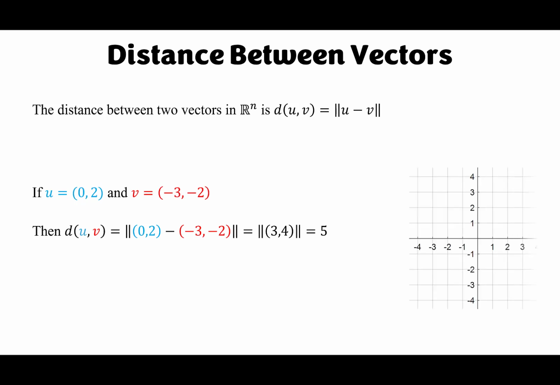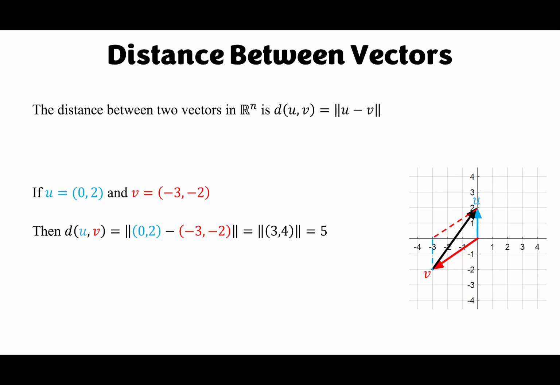Now, why does this work? Let's look at a graph and plot u and v. And the distance between u and v, right, the distance between those 2 points, (0, 2) and (-3, -2), is that length shown with the black arrow. Okay, so what is the length of that black arrow? Well, notice that black arrow forms the diagonal of the parallelogram formed by u and v.